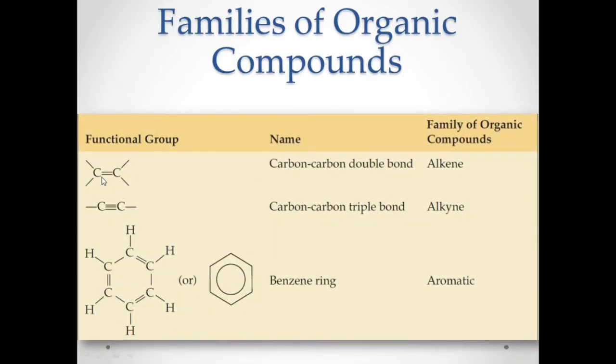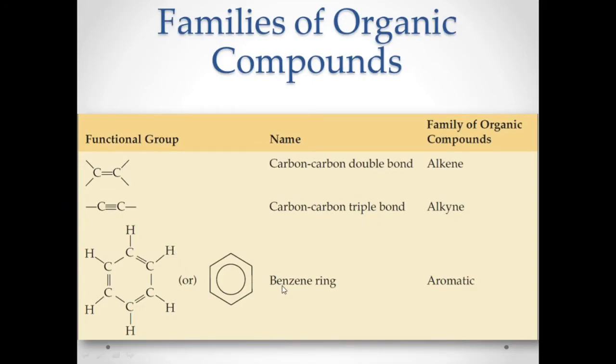So, for example, if it contains a carbon-to-carbon double bond, then it belongs to the alkene family. Okay? If it comprises a carbon-to-carbon triple bond, then it is an alkyne family of organic compounds.